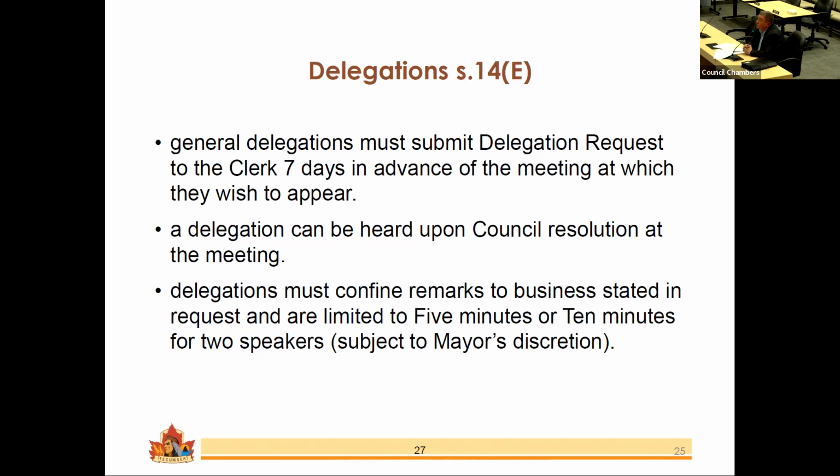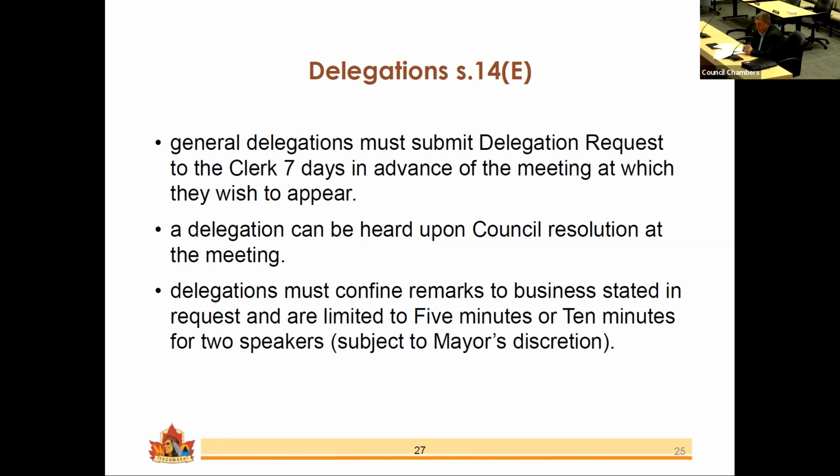Moving on to delegations, and this is Section 14E of the current form of the town's procedural bylaw. General delegations must submit a request to the clerk 7 days in advance of the meeting.